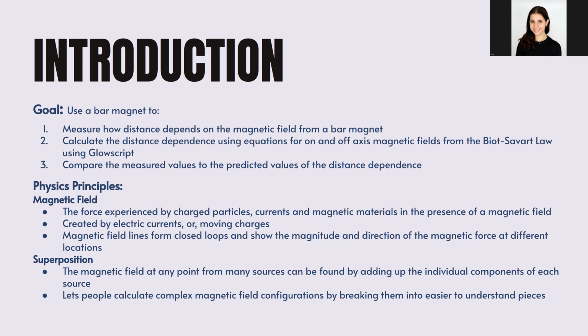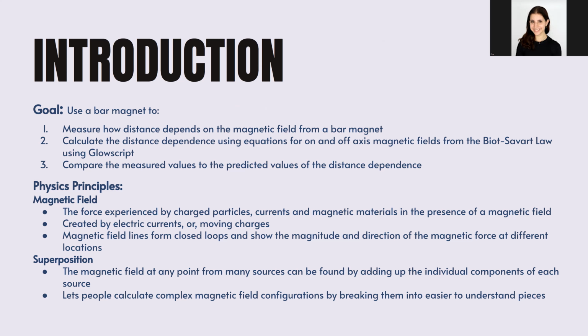So there are a couple of physics principles that go into this. First of all, the magnetic field, which is the force experienced by charged particles, currents, and magnetic materials when they are around a magnetic field, which is created by electric currents or moving charges. And magnetic field lines form closed loops, and this shows the magnitude and direction of the magnetic force at different spots.